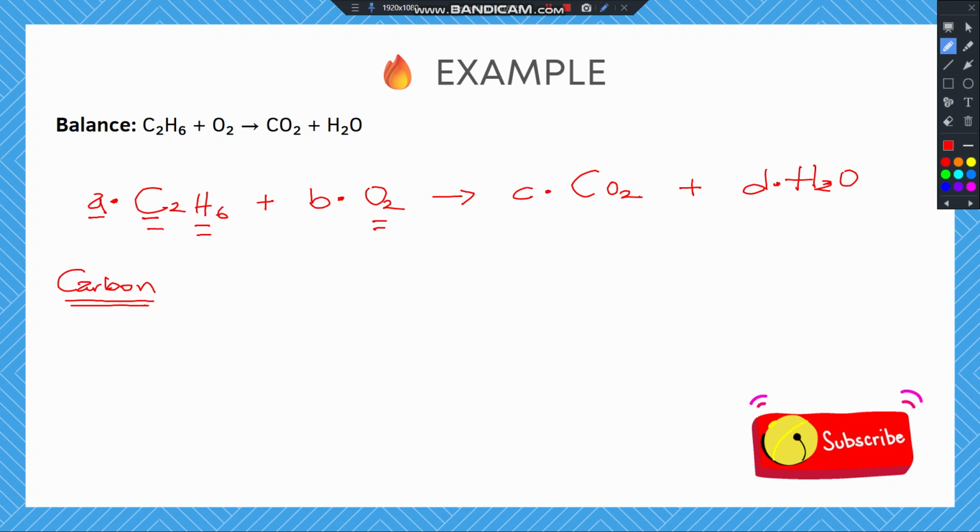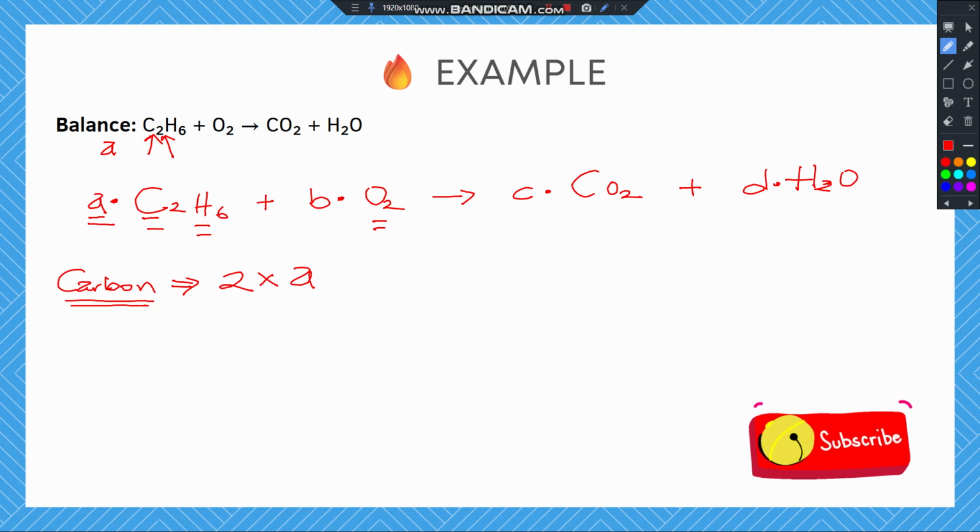On the left hand side, you can see over here that we have a carbon atom, and that carbon atom has a subscript of 2, and the letter that is representing the coefficient is the letter A. So that simply tells us that on the left hand side, carbon has a number of atoms that are represented by 2, which is the subscript, multiplied by A, which is the coefficient.